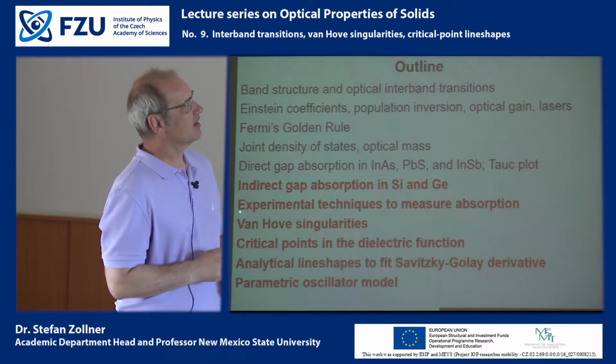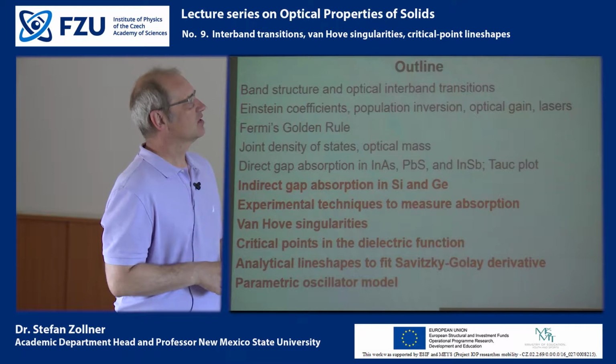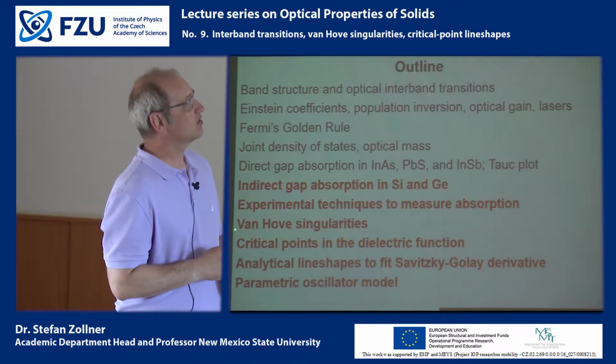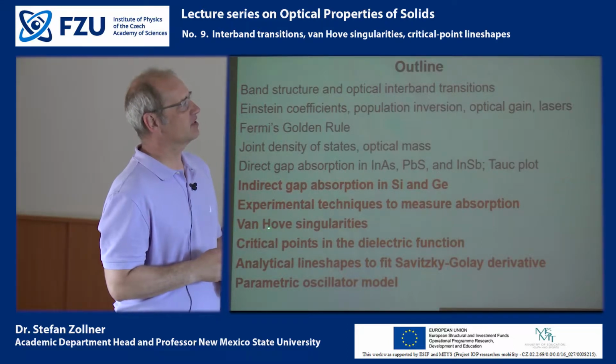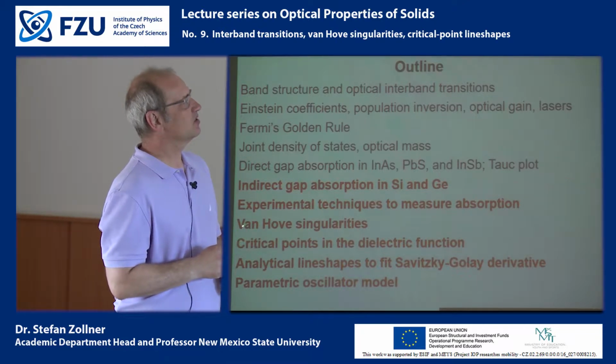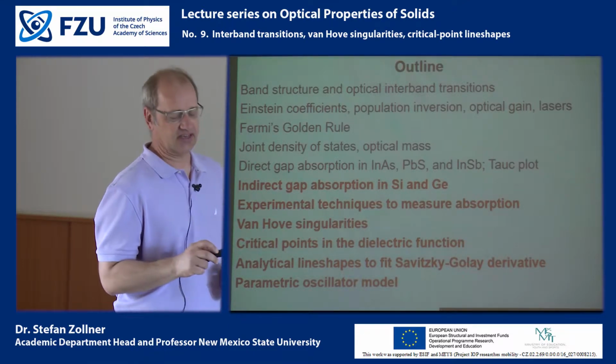Then I will show you some experimental techniques to measure absorption coefficients. And then we will go to the second part of the lecture, where we introduce Van Hove singularities in the joint density of states and critical points, and how we can fit these types of critical points using analytical line shapes.